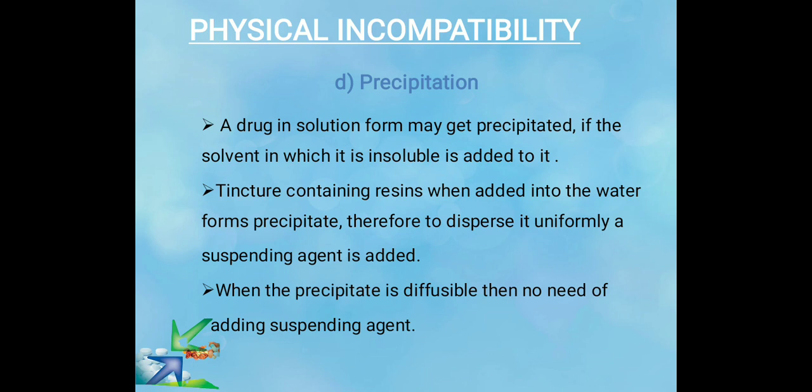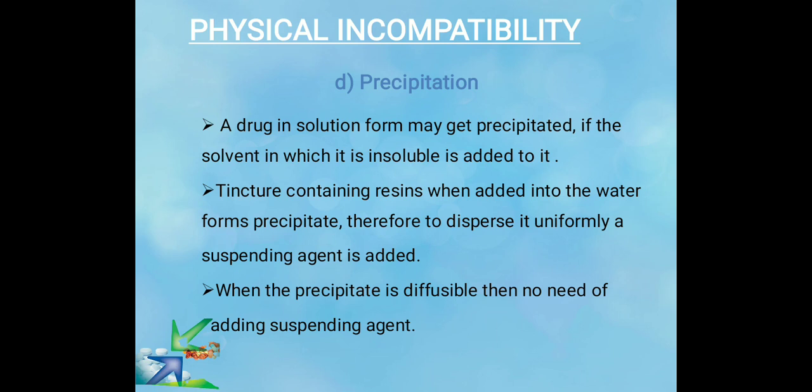So, whenever we add to the solution a solvent in which the drug is insoluble, obviously it will result in precipitation. For example, resins. Resins are insoluble in water. When a tincture containing resinous matter is added to water, the resin will form an indiffusible precipitate.